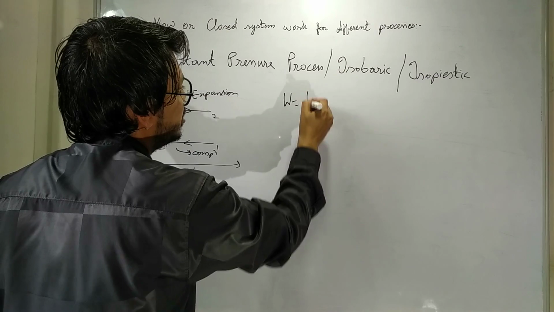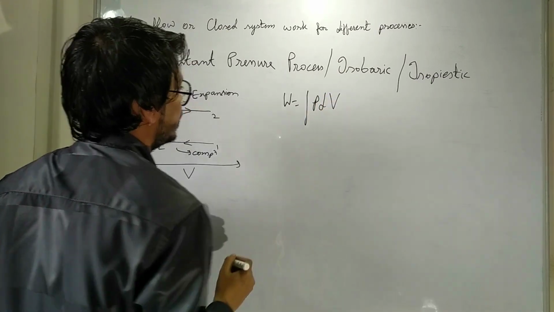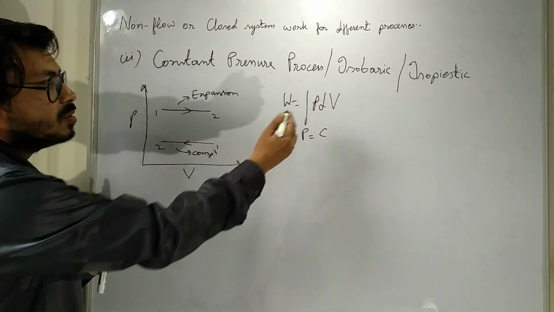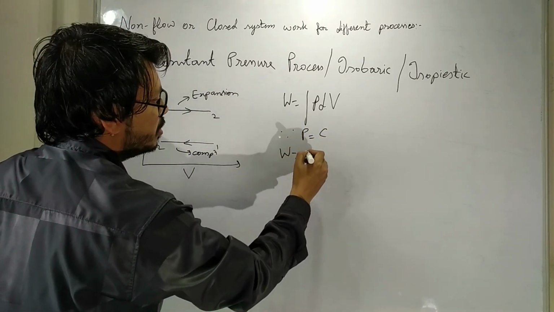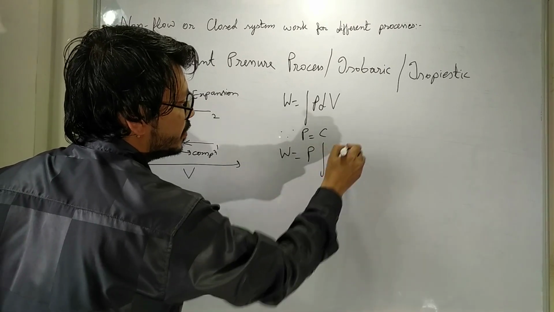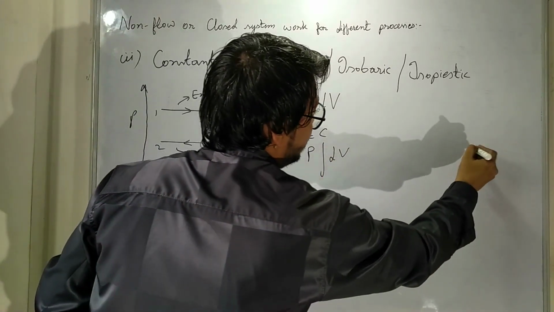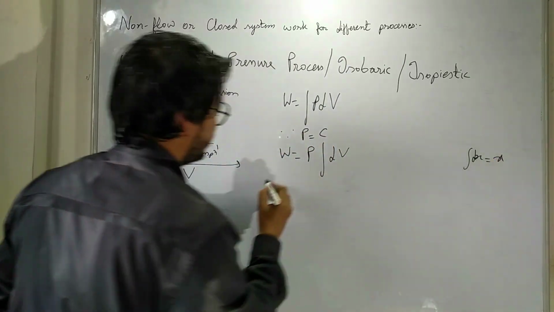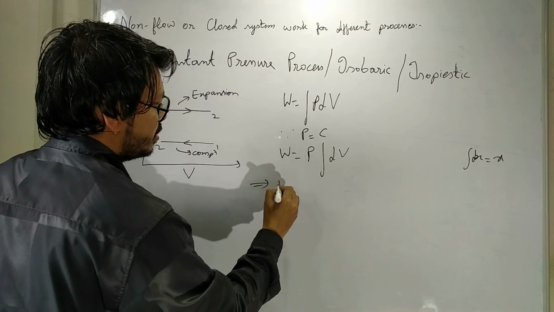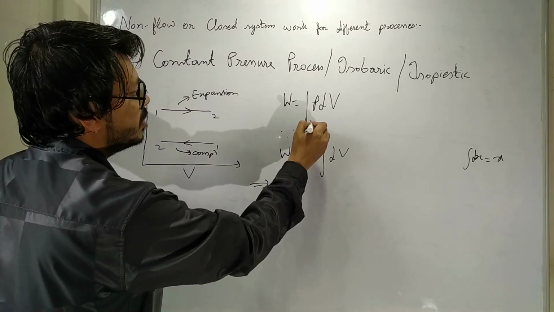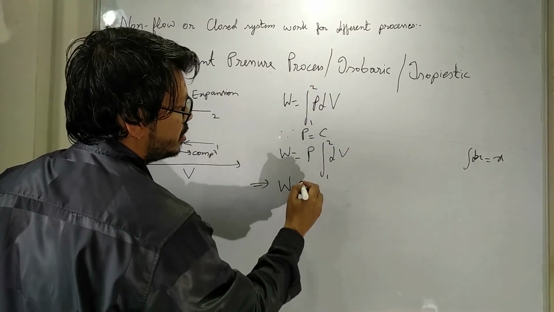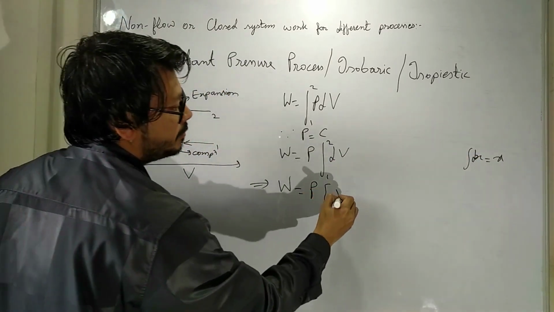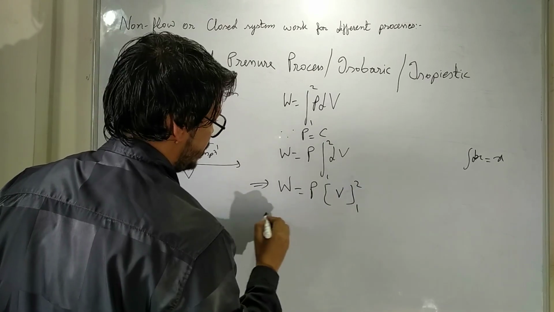W is equal to integration of P dV. Since pressure is constant, it will come out of the integration. So W is equal to P times integration of dV, and we know that integration of dx is x. From state 1 to 2, integration of dV will be V from state 1 to 2.